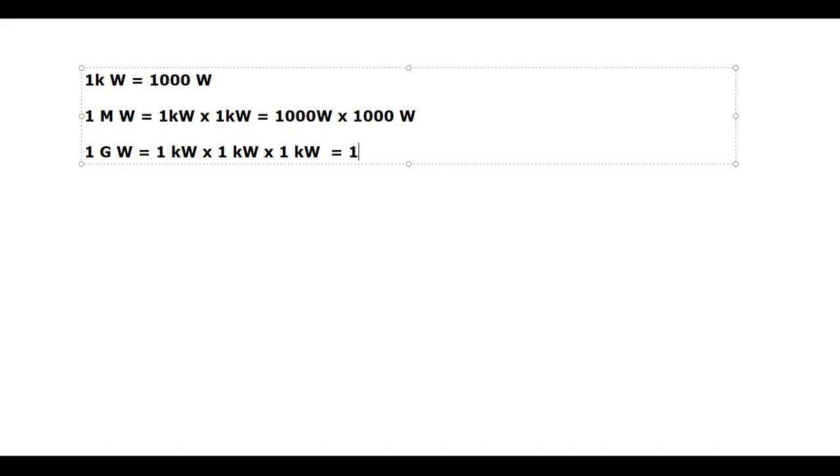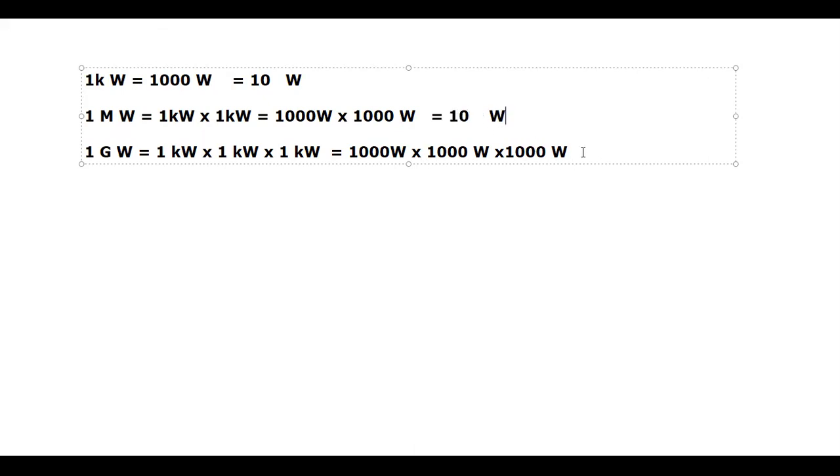So if you just see, this is 1000 watt multiplied by 1000 watt, again multiplied by 1000 watt. So instead of remembering this, it's better if we write down in terms of powers. So look here and write down the powers yourself. What should be the power coming here?